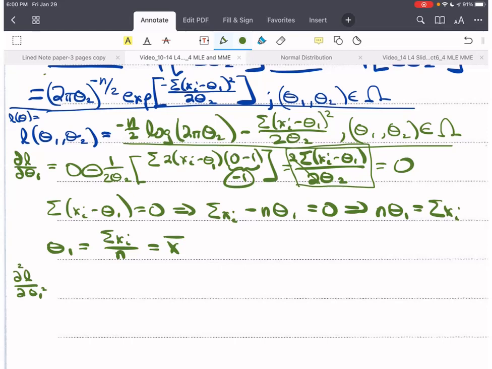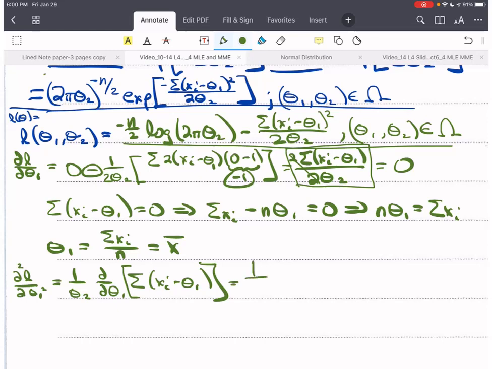And so now, remember, it doesn't hurt to have the theta 2 there, right? It does not hurt because it's a constant with respect to theta 1. I can pull it out, 1 over theta 2. And then I'm going to take the derivative with respect to theta 1 of the sum of xi minus theta 1.